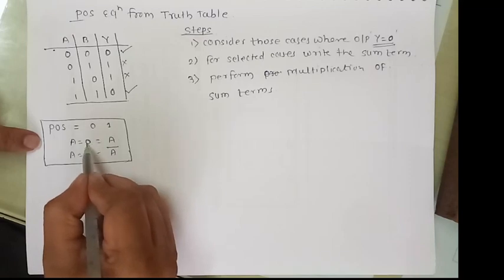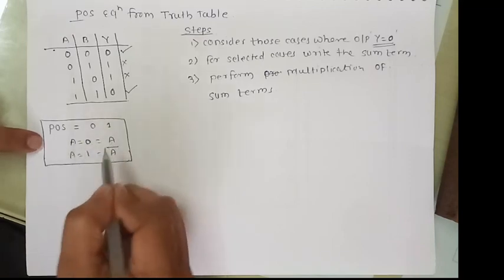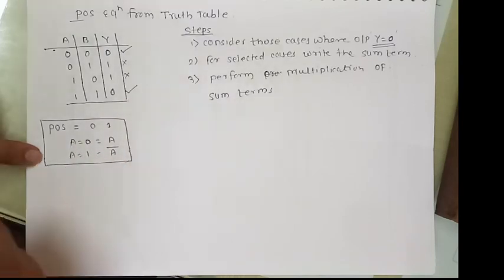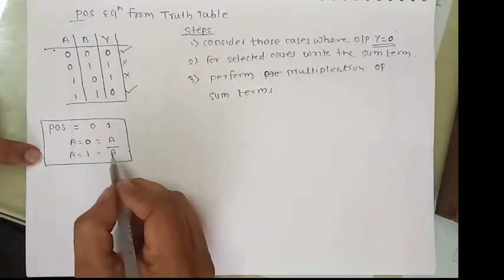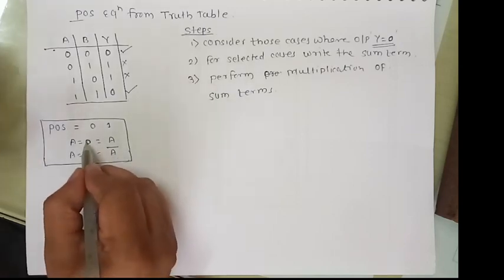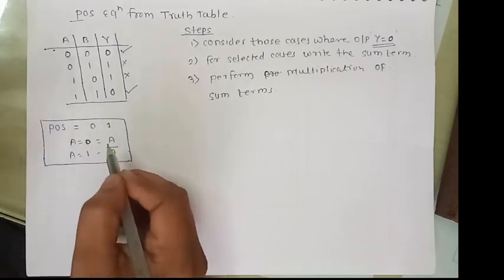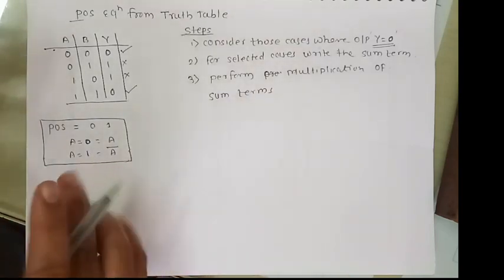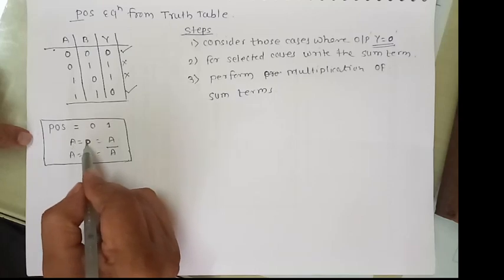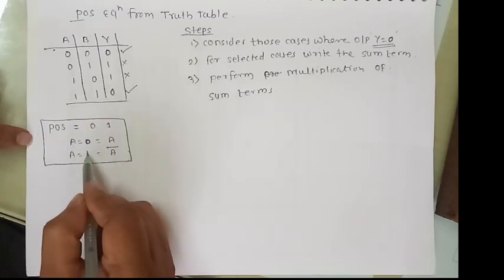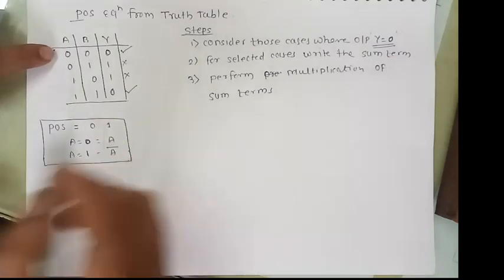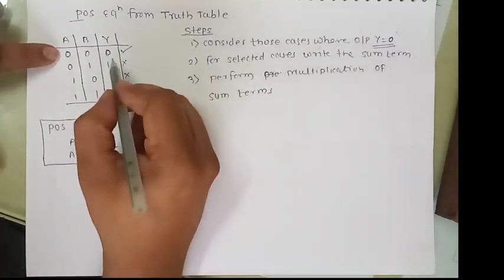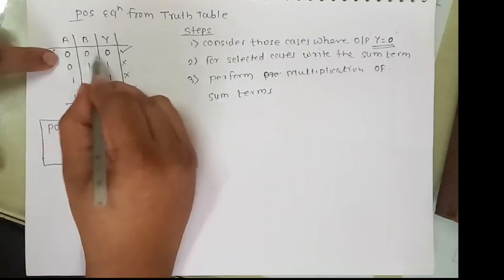Here if the value of A is 0 it indicates the original value, and if the value of A is 1, it indicates the complement. In the previous one, in case of SOP equation, if the value is 0 then it is complement, and if the value is 1 then it is the original value. And for POS, if the value is 0, original value, and if the value is 1, then it is complement. So the second step is to write the sum term for this given combination.